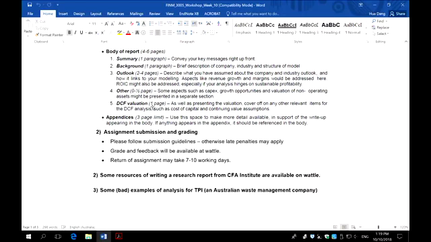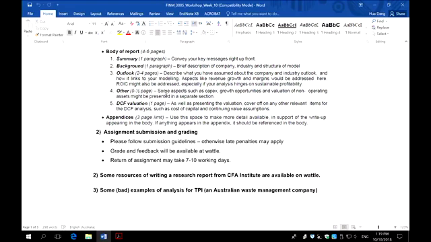If you have no concepts, no ideas where you should start writing your report, you may have a look at this, okay, this is what you may include in the research report. It's only one way of presenting your research analysis, so it's not a requirement. And also on w10, I provide you some resources on research report writing from the CFA Institute.